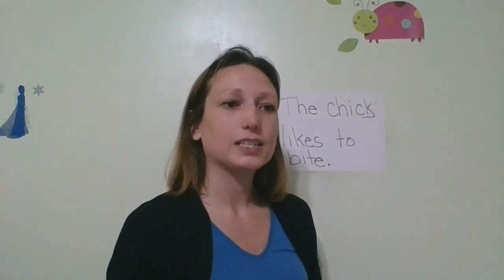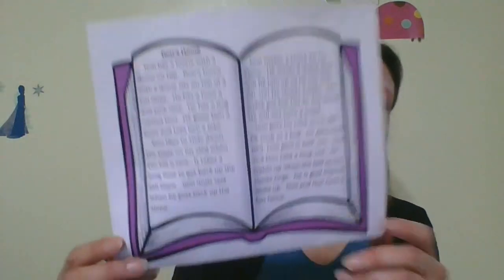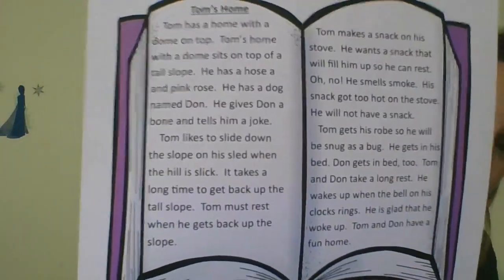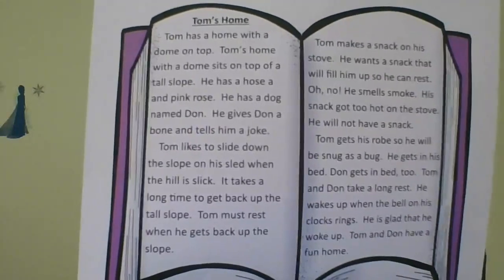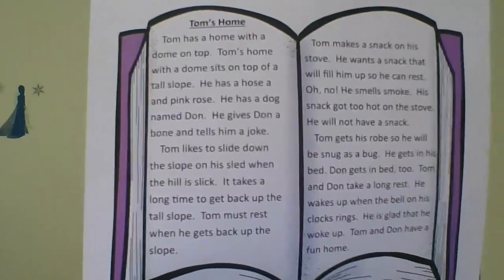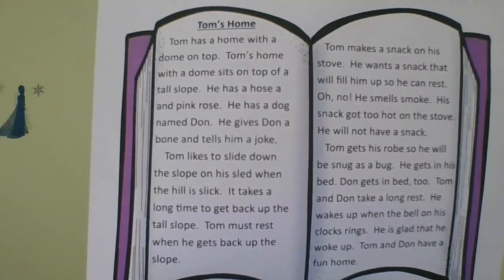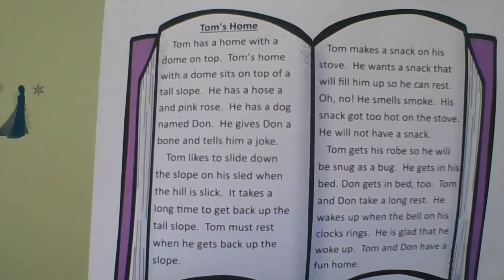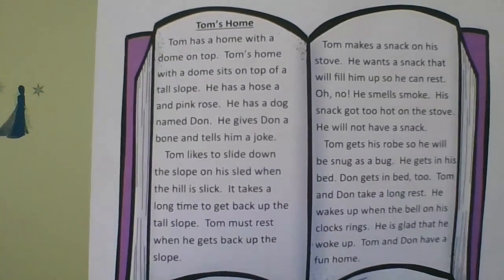So now we are ready to read some passages. Remember to pause and read it as best as you can. And we always reread passages because every time we read, we get better at it. And the more smoothly we can read, the more we can pay attention to what the story is telling us. So this is Tom's home. Can you tell me what Tom likes to do?